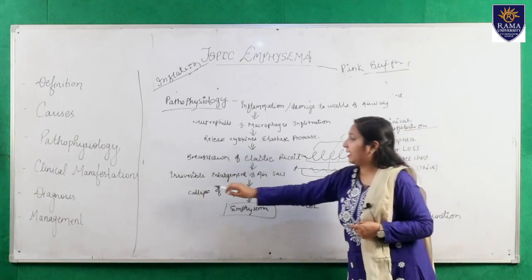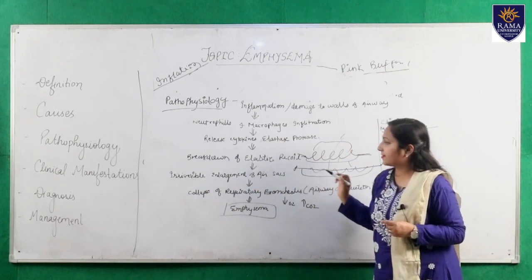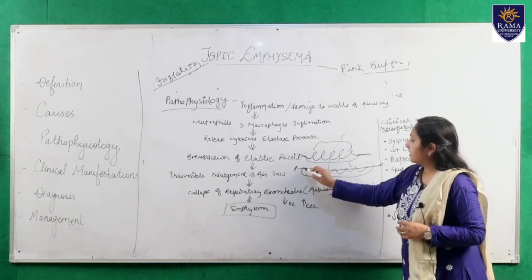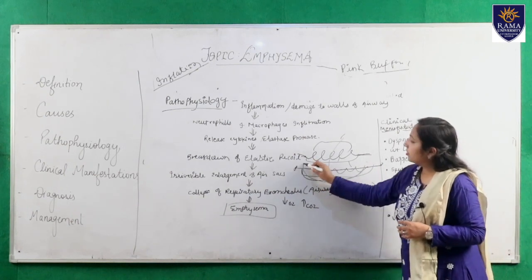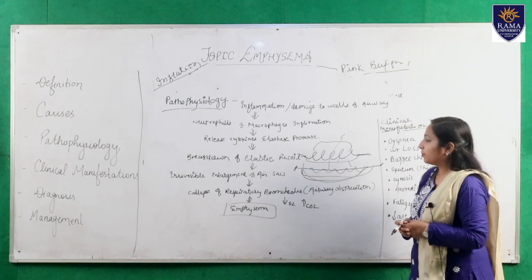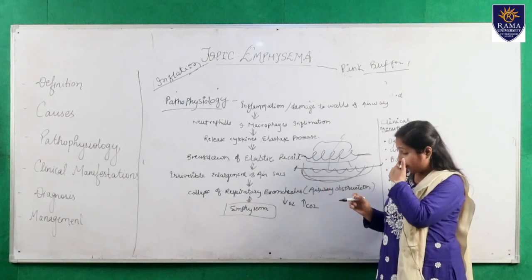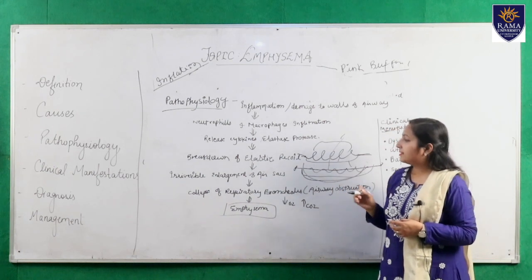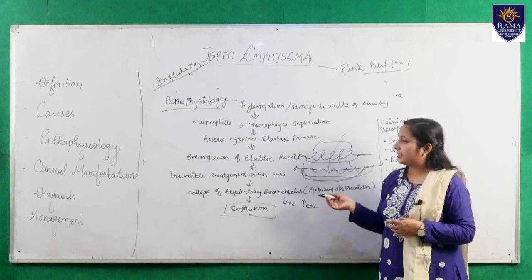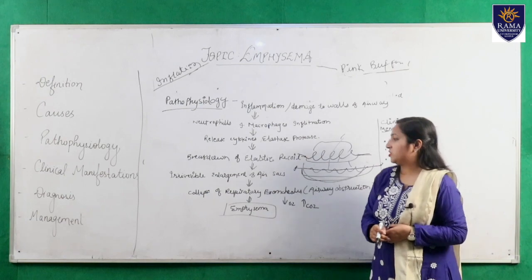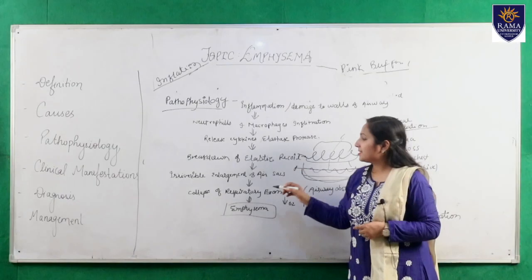What happens after that? Irreversible enlargement of air sacs. Once it has this shape, it never gets back to the previous position. So the alveolar sacs lose their elasticity, causing disturbed breathing. Lastly, what happens?